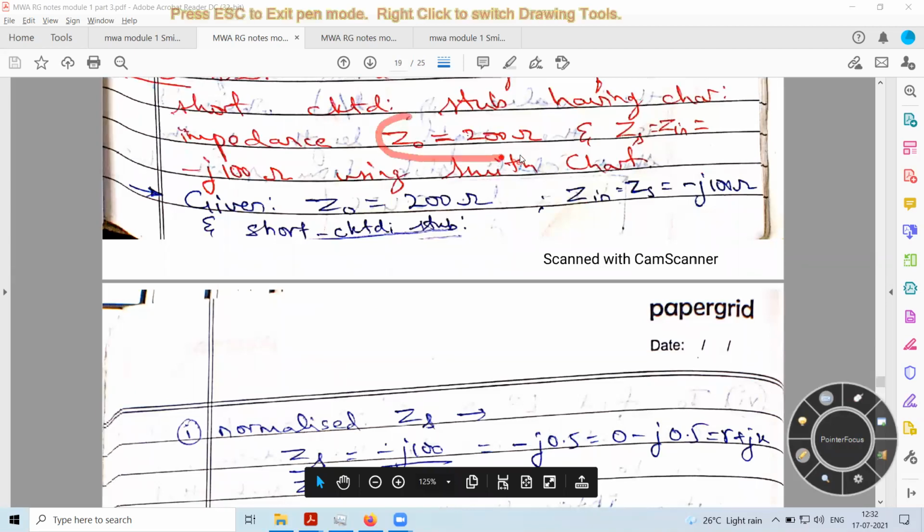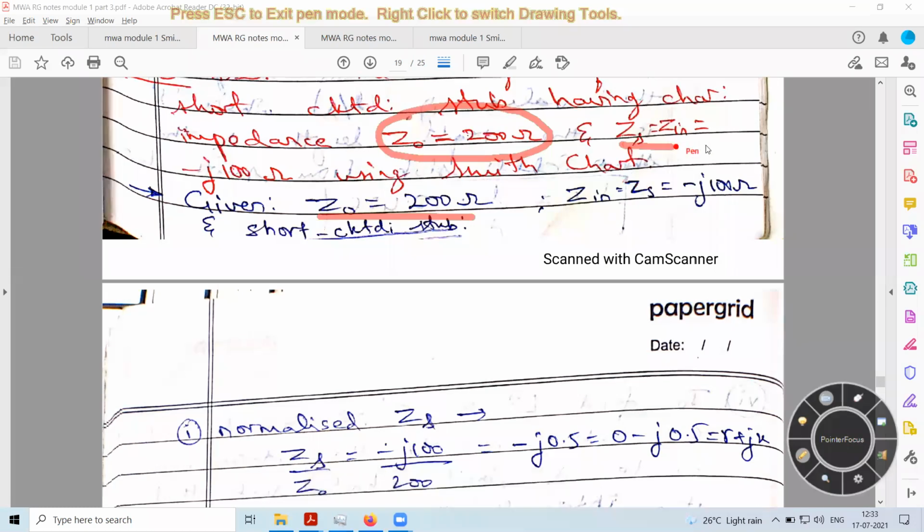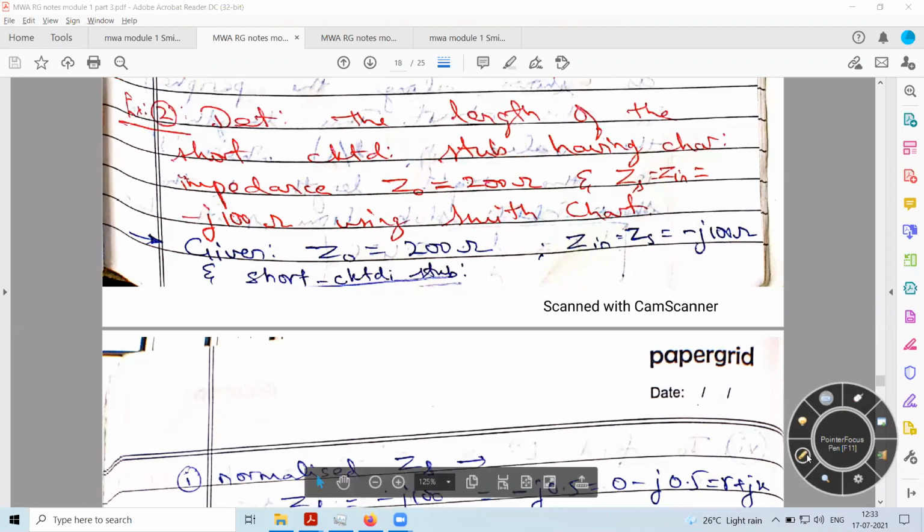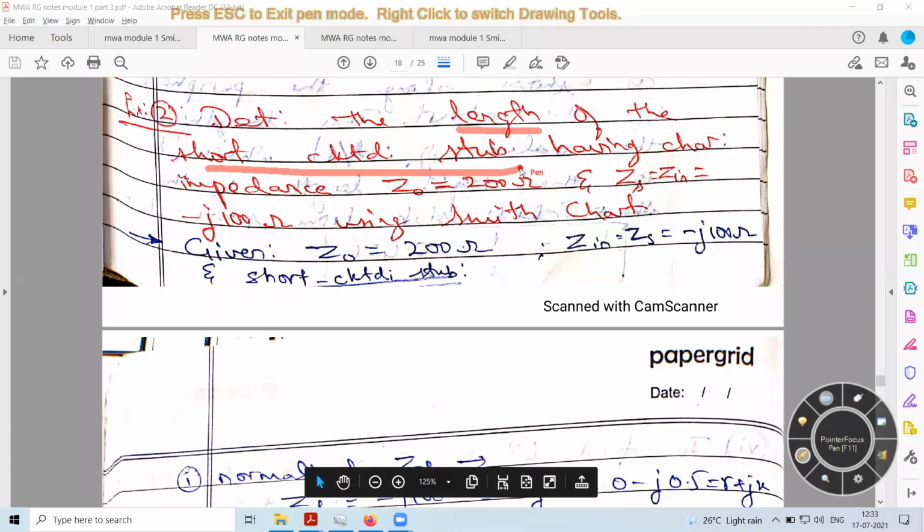One is the characteristic impedance of the line, which is 200 ohms, and the other is the input impedance, which is sometimes denoted as Zin or sometimes as Zs. Now, you have to identify the length of the short circuited stub.